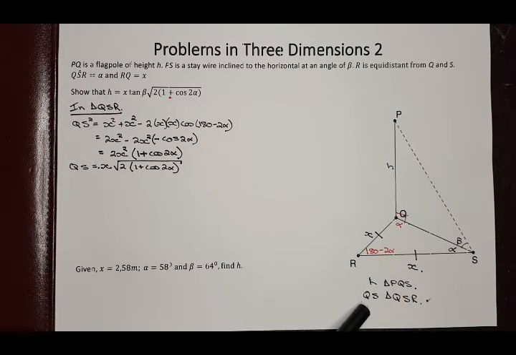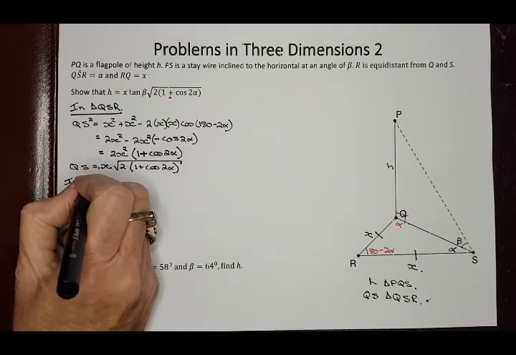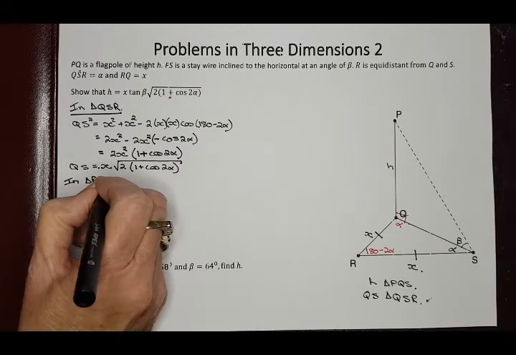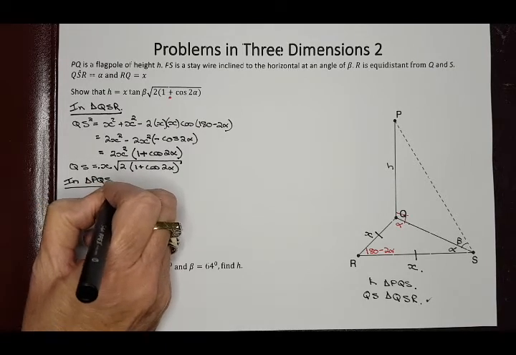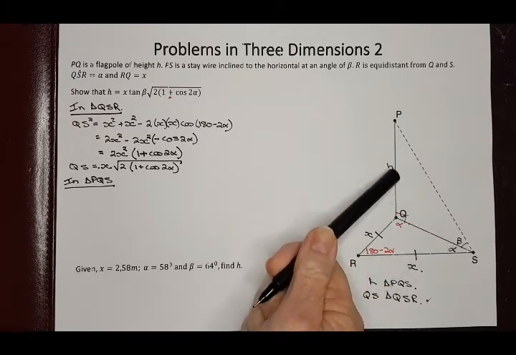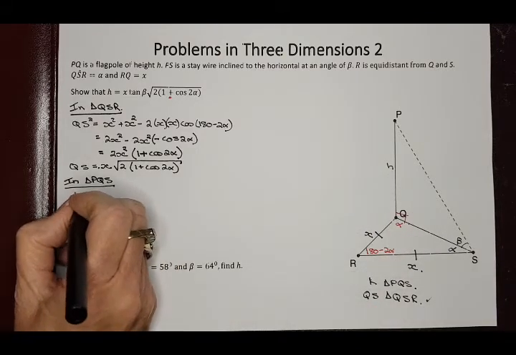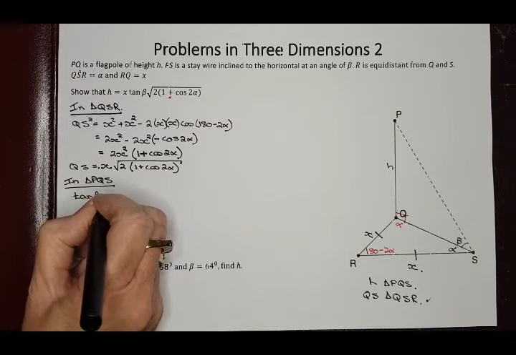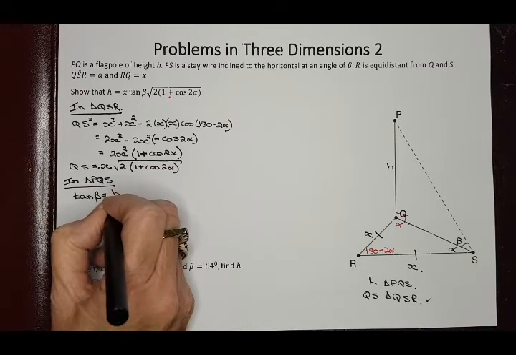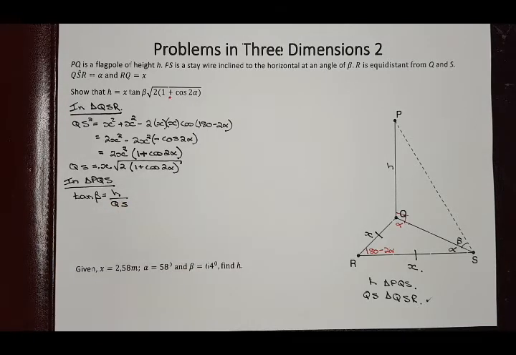I have found QS, and now I want to work in triangle PQS. Triangle PQS is a right angle triangle, and so I'm rather going to use one of my trig ratios. I want my opposite, I have my adjacent. So I'm going to say that tan of beta is equal to my opposite over my adjacent.